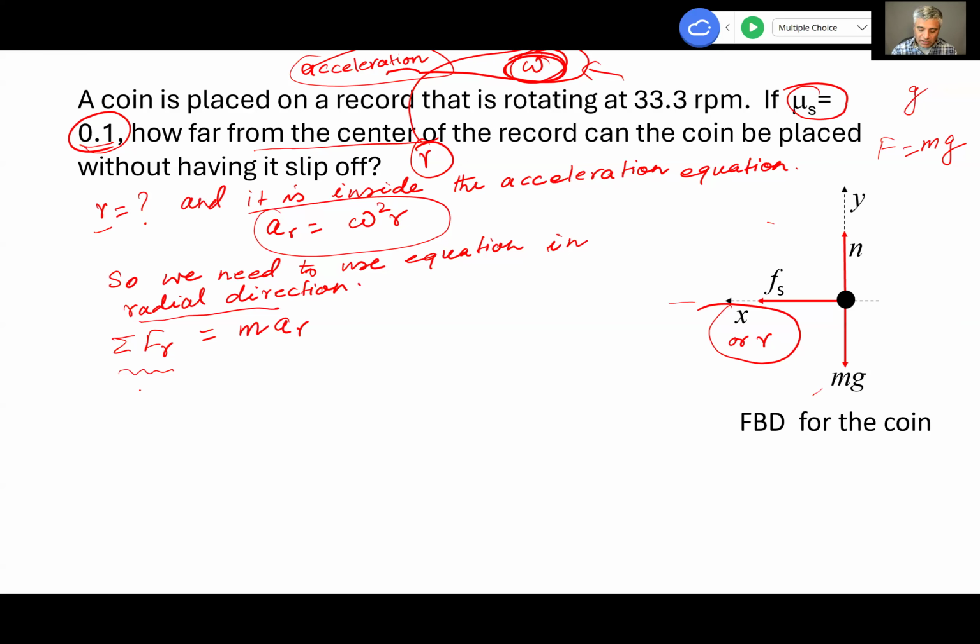So that means I can write the sum of forces as just one force, okay? Oh, by the way, which direction should you choose as positive? Here I'm choosing towards the center because radial acceleration always points towards the center. I like to choose that as positive. Although it's kind of pointing left, and in another situation, maybe we may have chosen right as positive and left as negative. Here I am choosing, the way I have drawn, left as positive. Why?